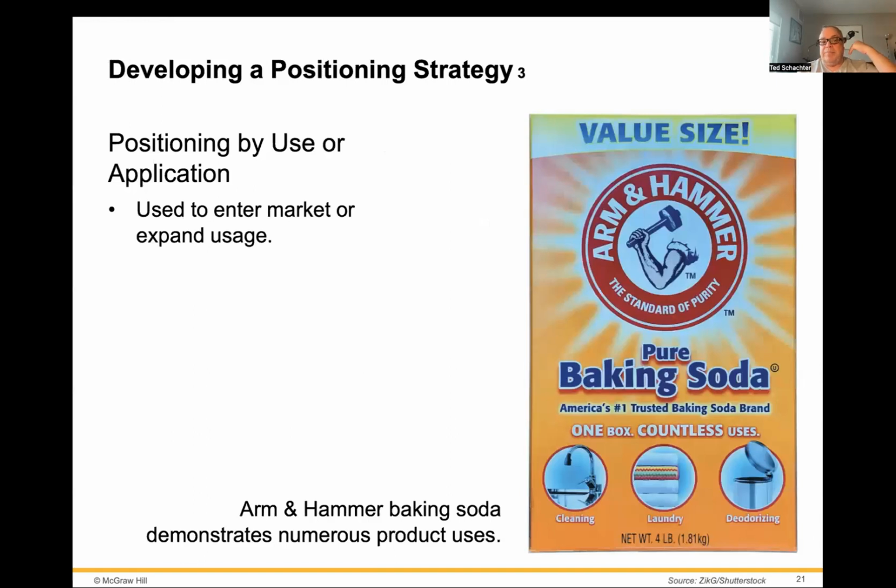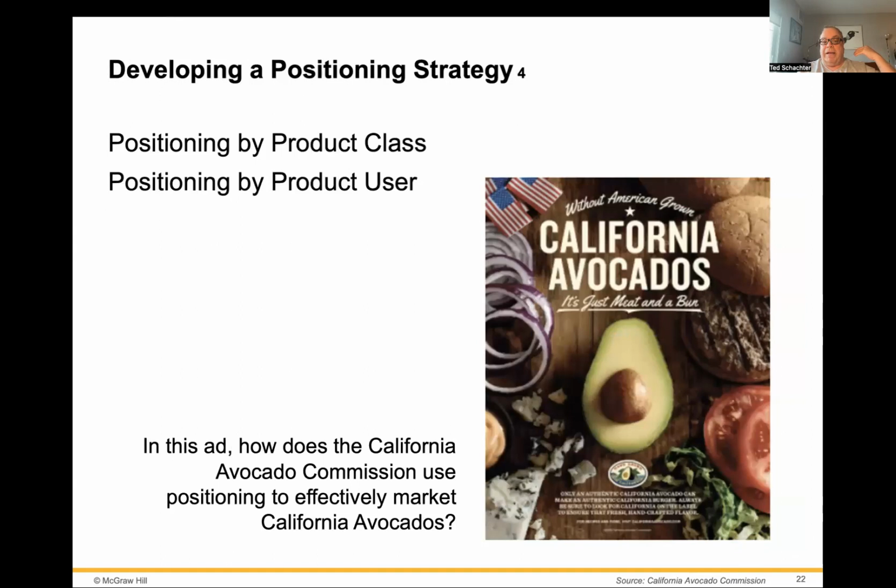You can position by how a product is used. You can position by product user. So basically, Drano is used by plumbers, right? So professional strength Drano, and then you say by product users, and that's also product class because it's by professionals.